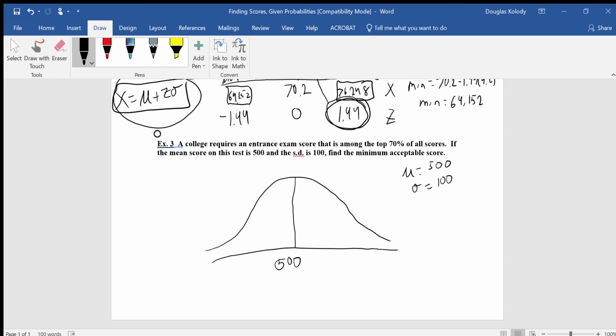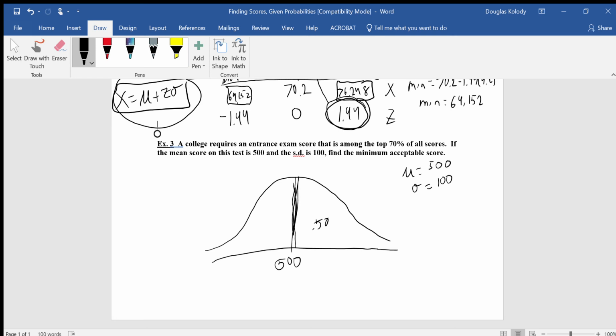Now, think about this, the top 70%. Schools like any Ivy League school might only take the top 10% of students, or the top 5%. Also, just think about it, this is the top 50% right here to the right of the center line.